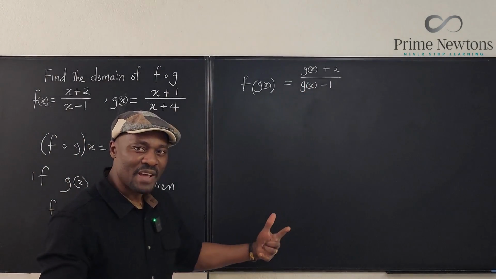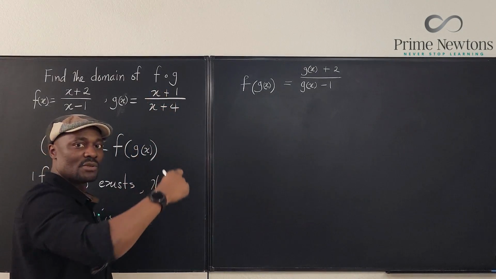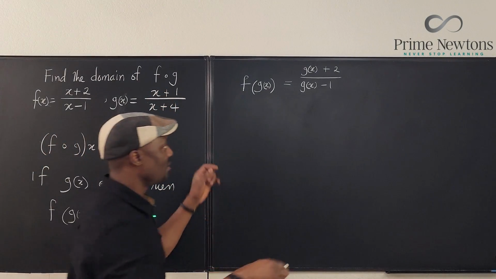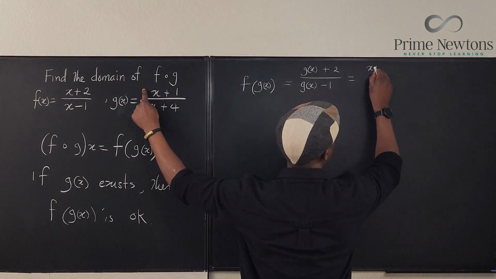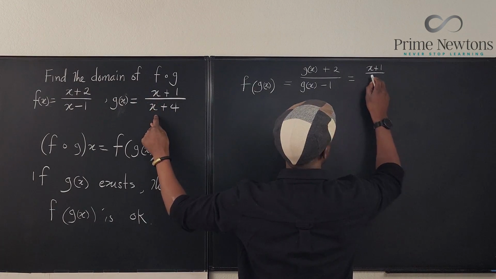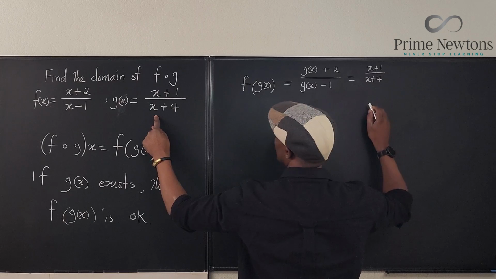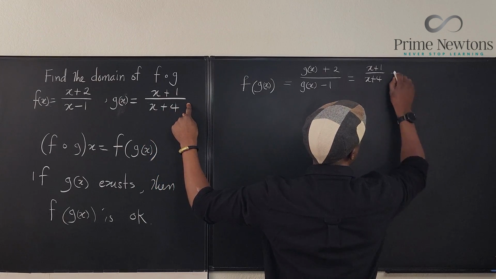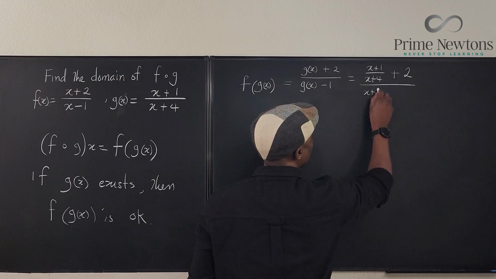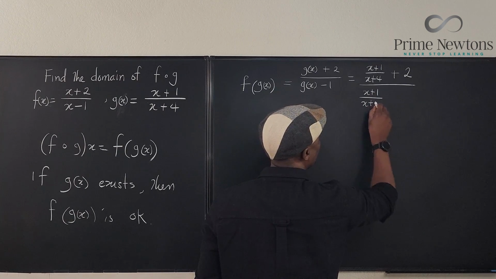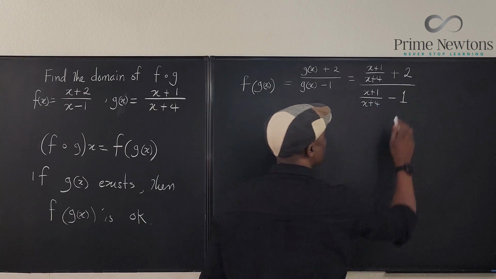But what is g of x from the original definition? The original definition says that this is equal to x plus 1 over x plus 4, plus 2, over x plus 1 over x plus 4, minus 1.